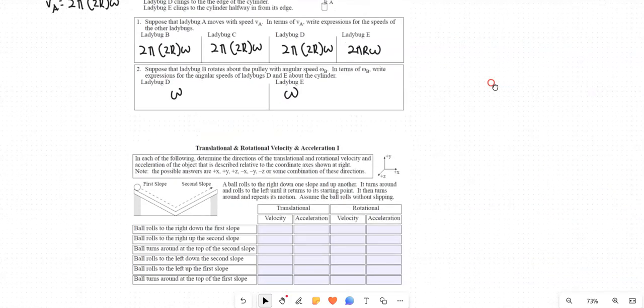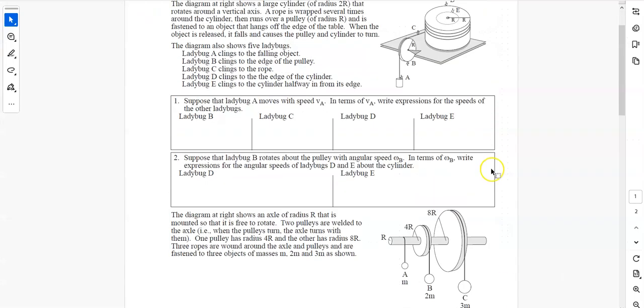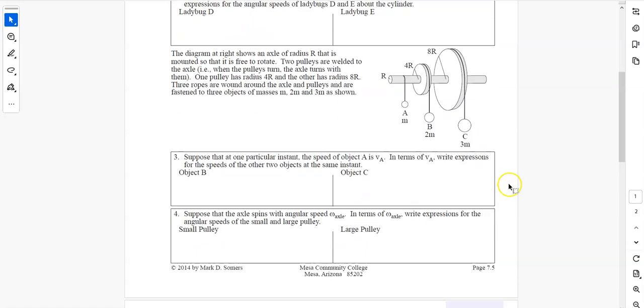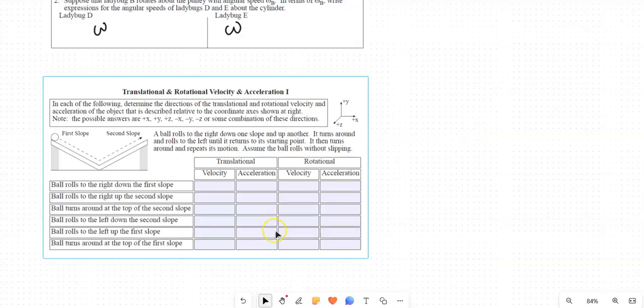Okay. On page number 2, there is another part to this page, so you'll have to do this on your own. It's actually easier than what we just did. But let's do part of the second page. Not the whole thing, just part of it.